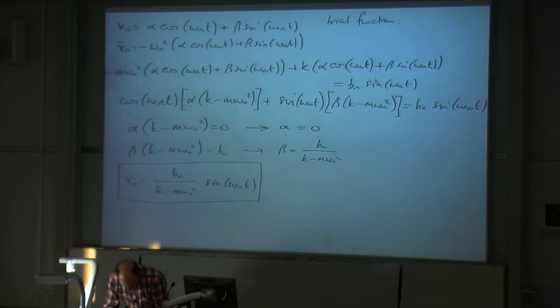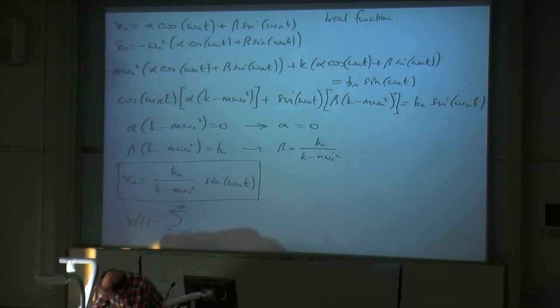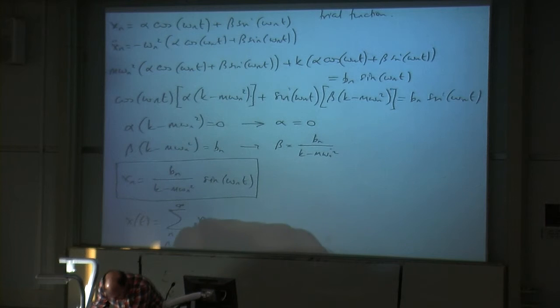But we're asked to find the complete steady state solution. Well, the next step is we know that x of t is basically the sum from n equals 1 to infinity, when n is odd, of x of n.